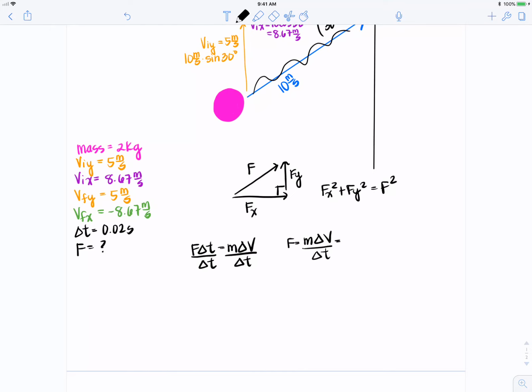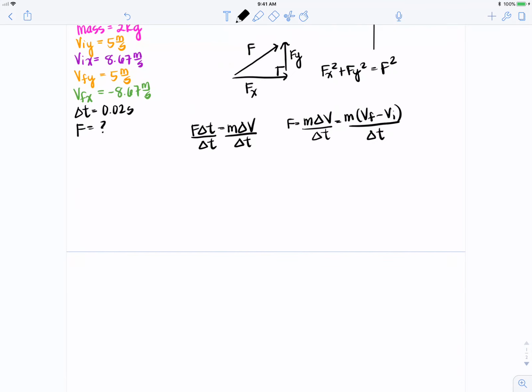If we break this apart even further, that equals m times vf minus vi over delta t. So let's take a look at average force in the x direction. That is going to equal our 2 kilograms, because mass does not change, times our VFX, which is negative 8.67 meters per second.